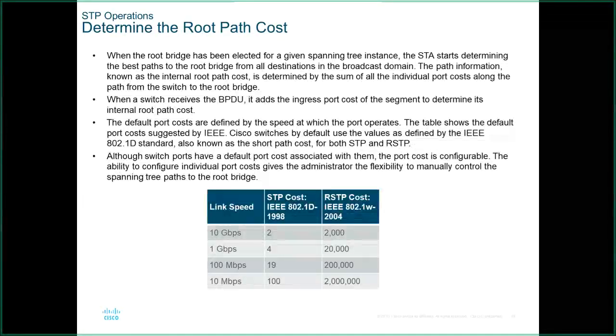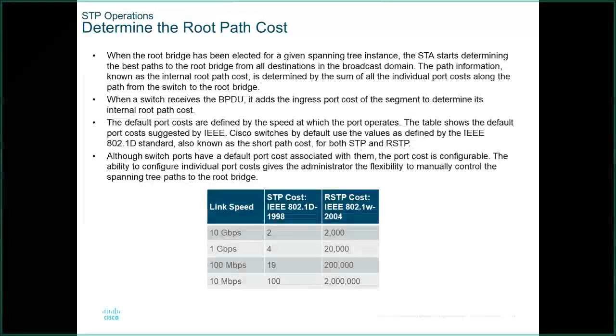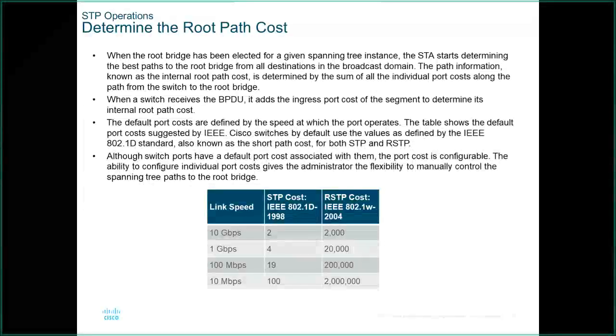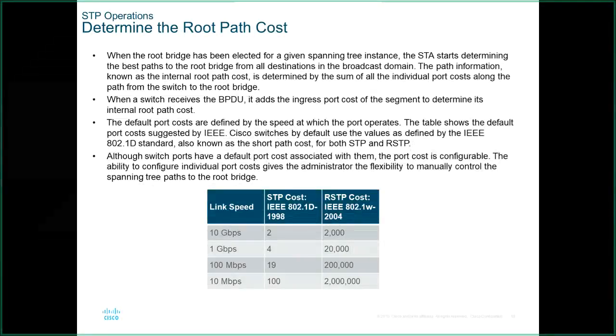And so we have column A, which is our speeds, and the first one is the standard spanning tree.